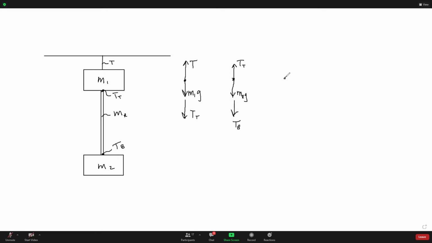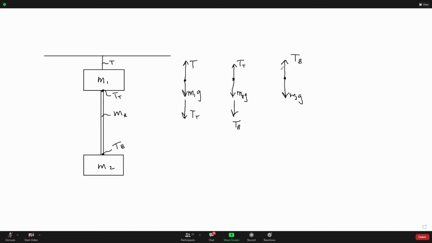And for mass M2, I have M2G and I have T at the bottom pulling up.